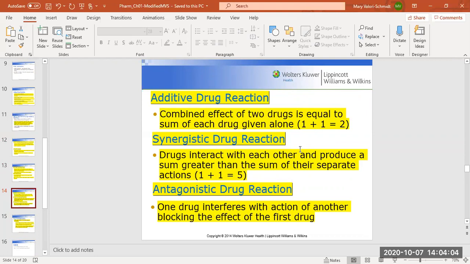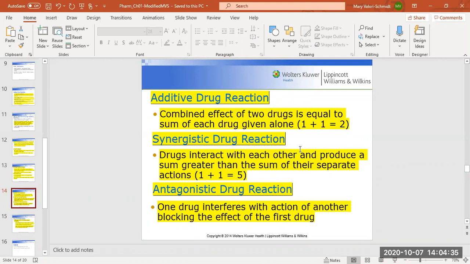It's the no harm. Synergistic drug reaction. 1 + 1 = 5. That means that these drugs, when given together, they interact with each other and they produce a sum, a total greater than each of their separate actions. Example, Xanax, alprazolam. That's a benzodiazepine chill pill. Give you an alprazolam and I give you a Lortab, right? Which is an opioid.